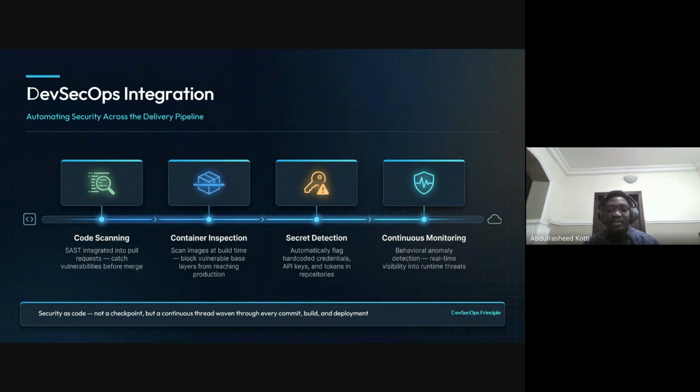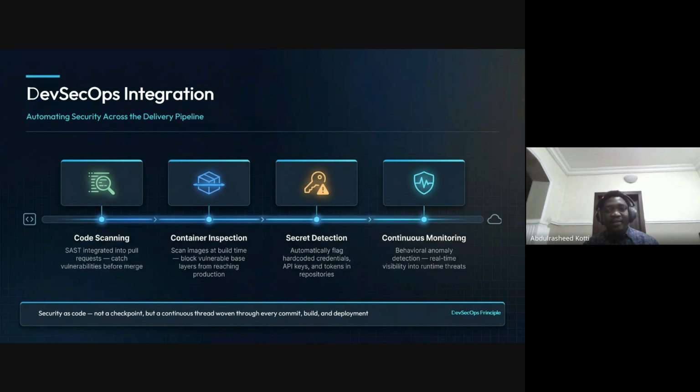And what this means is that issues are found too late. Fixing them becomes expensive, and some problems are completely missed. Now, DevSecOps solves this. It makes security a part of the daily workflow.